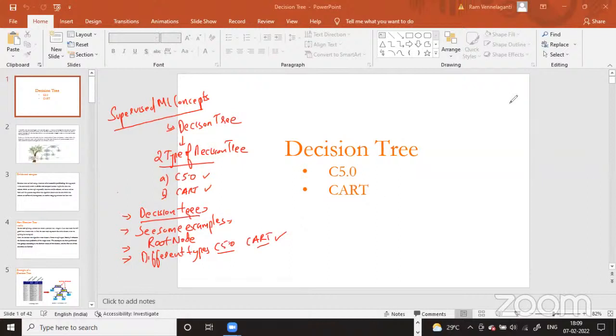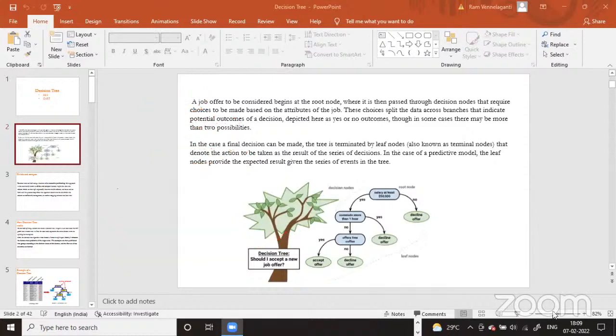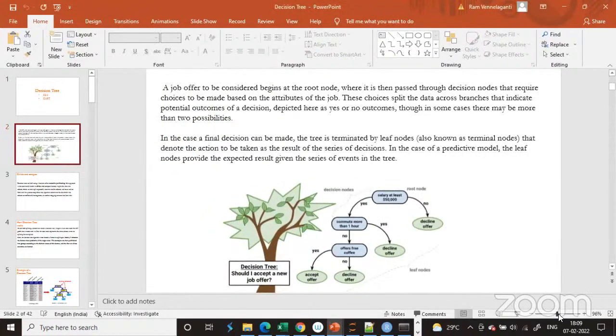So now let us start with the decision tree concept. This is a tree that we are all familiar with. This is how a tree is going to look.